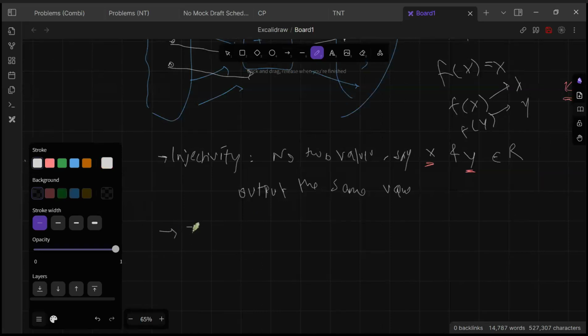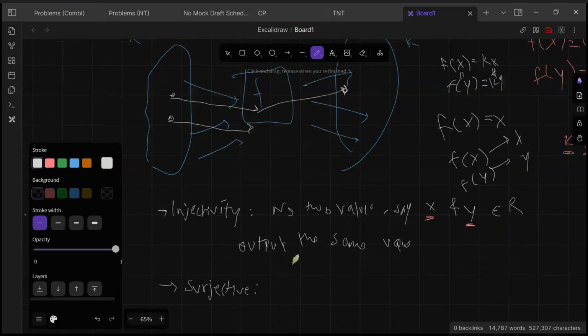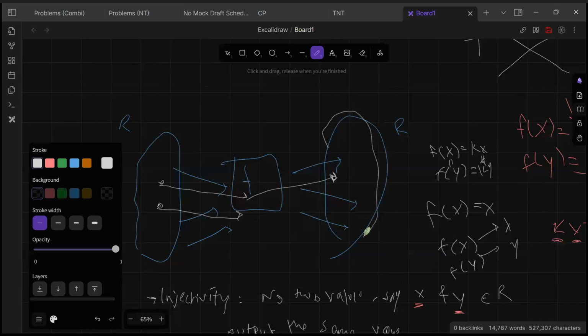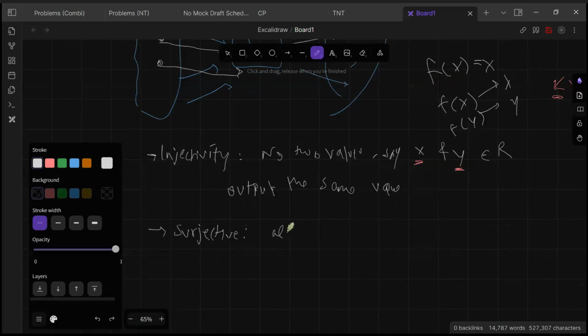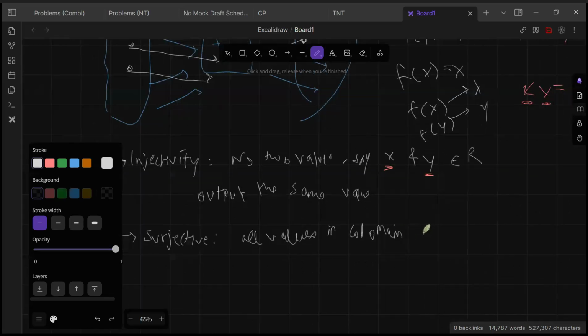And what I mean by surjectivity is that the codomain is covered in its entirety. So all values in the codomain, typically the range or the image, whichever way you want to say it, are achievable.